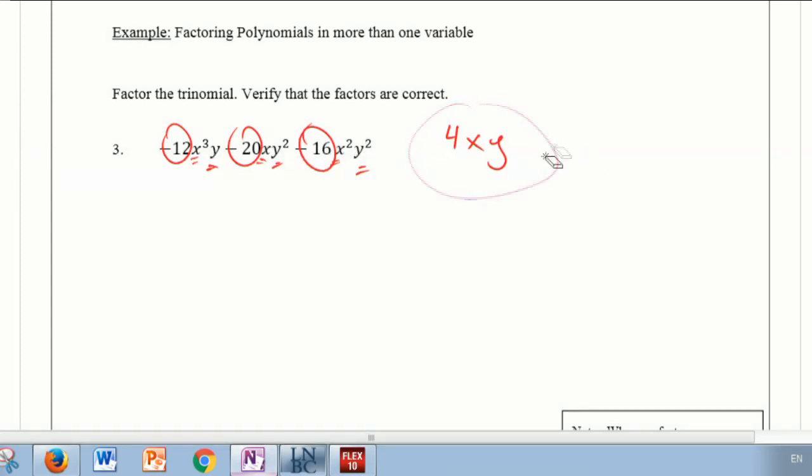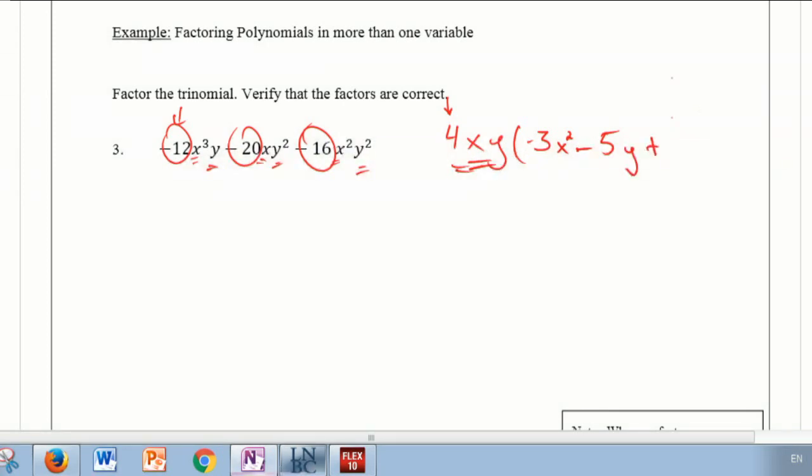When I do it this kind of brute force method, I would say, okay, if I pulled out a 4xy, and I started with a 12 and pulled out a 4, what's left? Well, 4 times 3 gives me 12. And then I have x cubed y, so x squared times the x would work. Then do the same thing with the next term. What do I have to multiply 4 by to get 20? I'd multiply it by 5. And then I have xy out front, so I'd multiply this by just a y.